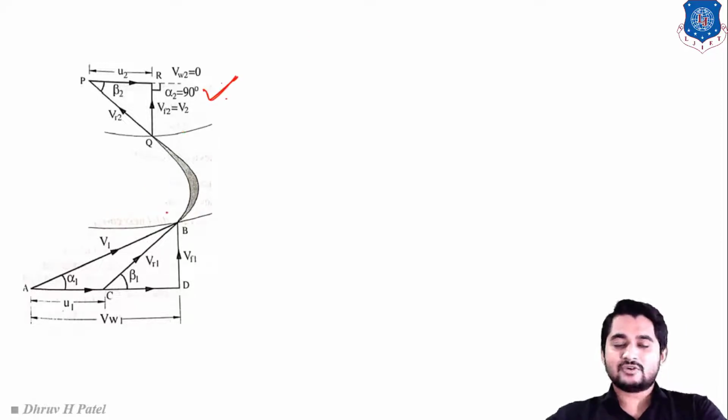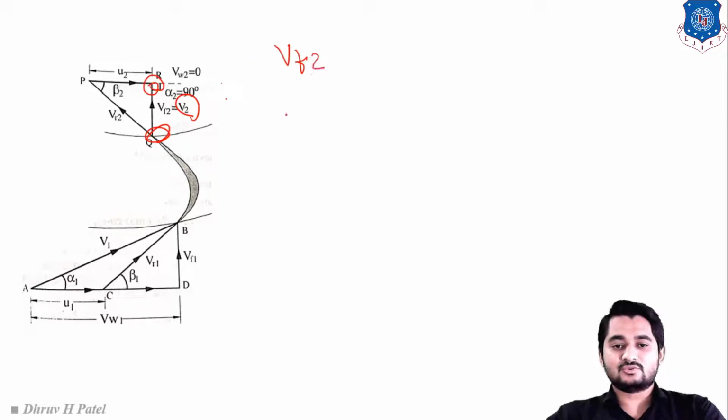So first of all, according to our theory, we have to draw VR2. Now we will transfer the blade velocity U2 into this, right? So U2 will be there. Now from the triangle of VR2, U2 and V2, the resultant velocity will be V2. For the resultant velocity, we have to draw from initial point to final point. Now V2 is here. Now there will be two components of V2.